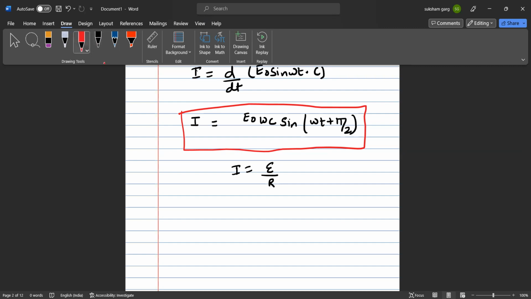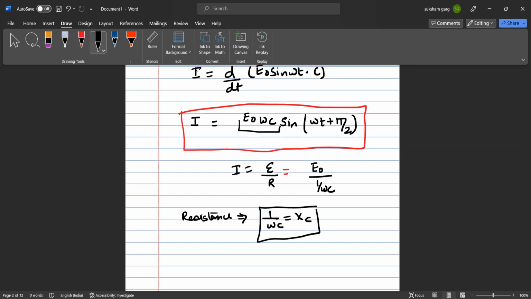So a little smartly, I'll use the math and instead of writing this one, I'll convert it into E naught upon 1 upon omega C. So in this case, I can say the resistance offered by a capacitor for the flow of AC current can be written as 1 upon omega C. Again, it is not called resistance. It is written by the symbol Xc, which is called capacitive reactance.